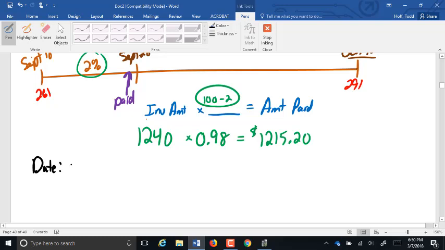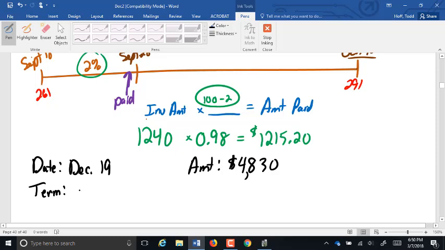Our invoice date is December 19th. The invoice amount, $4,830. Our terms, 2/10, 1/15, net 30.